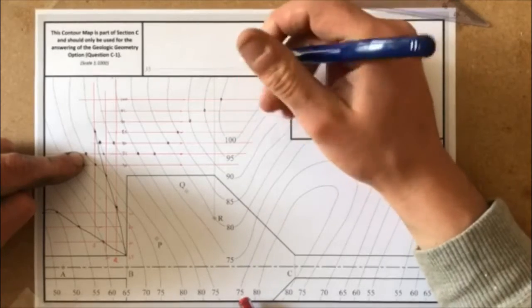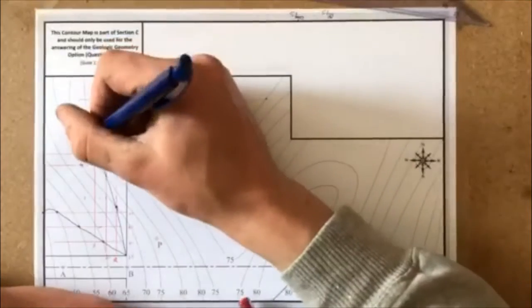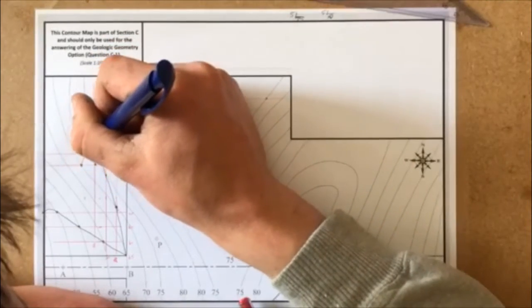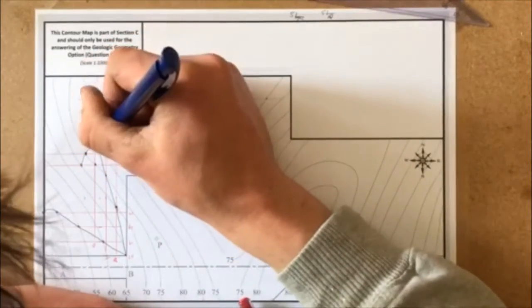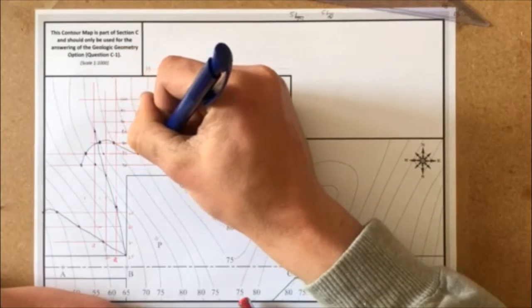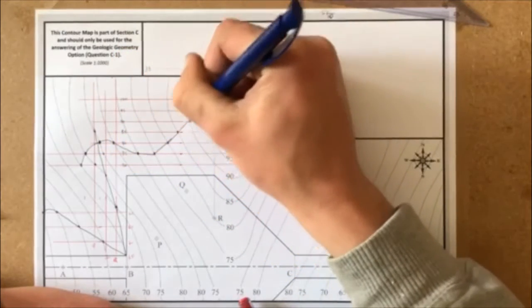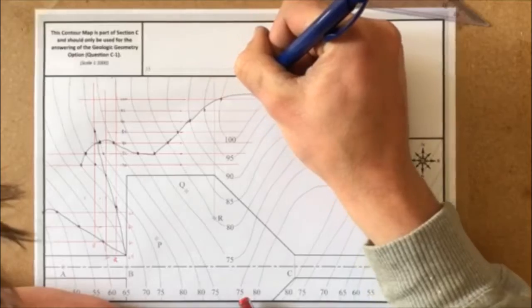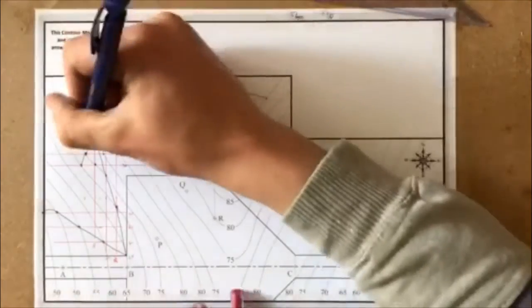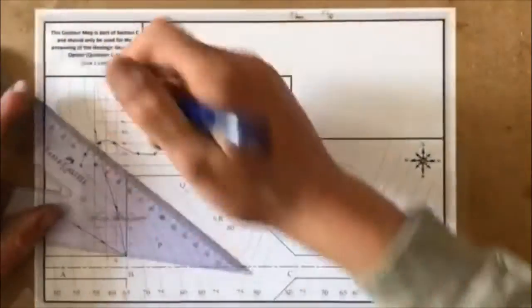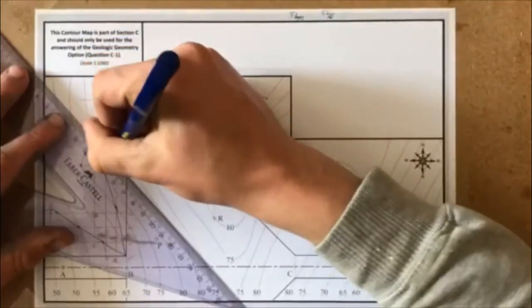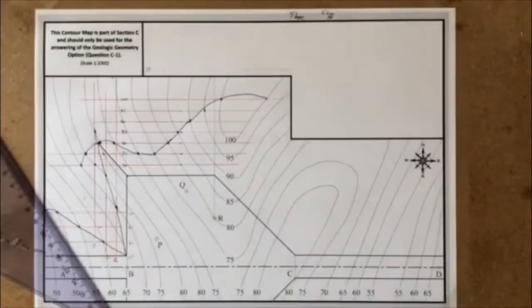Okay, so it curves here like this. Okay. And where they cross over here, then that comes back to a corner of our road there. Okay, that's that section there.